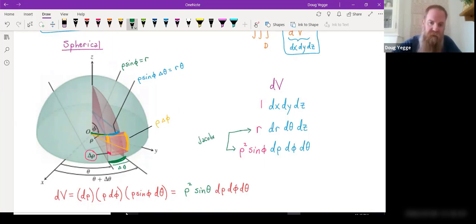We're going to see that the Jacobian of an integral doesn't always have to be either r or rho squared sine phi. These are just a couple of common substitutions that we make that are kind of easy for us to visualize in 3 dimensions, but also gives us an opportunity to convert it to make our triple integral easier to calculate. So let's do a couple examples.